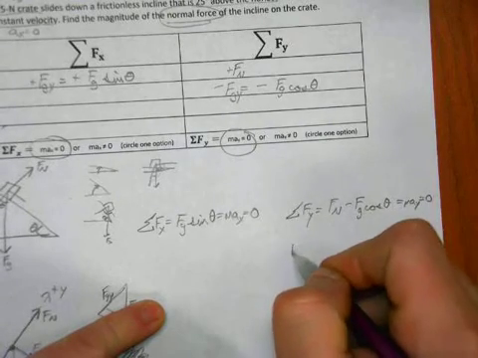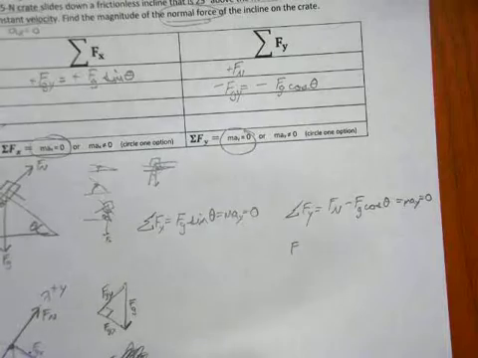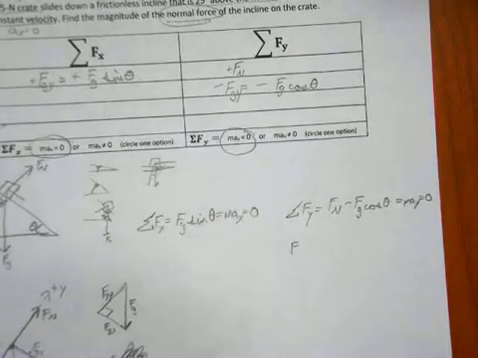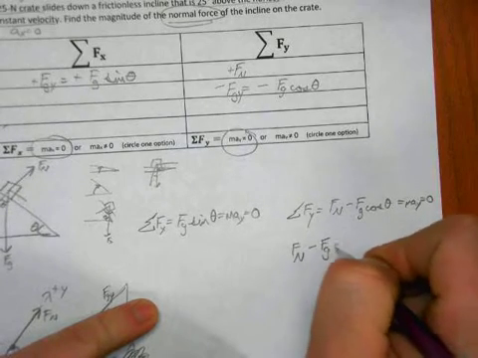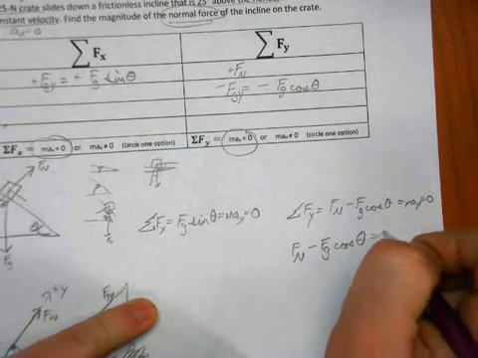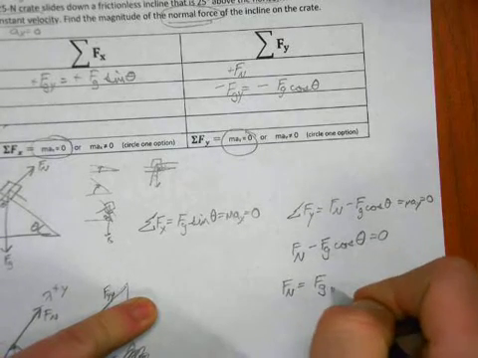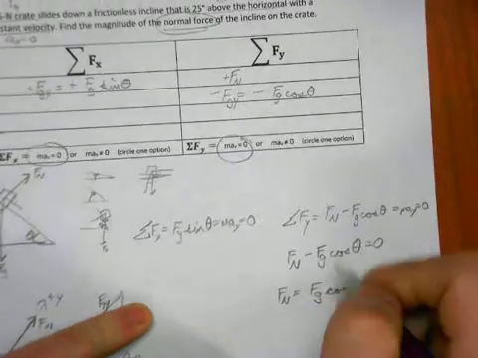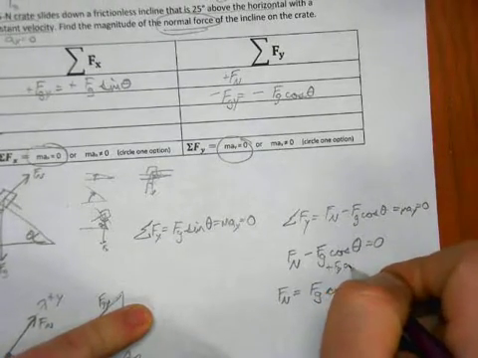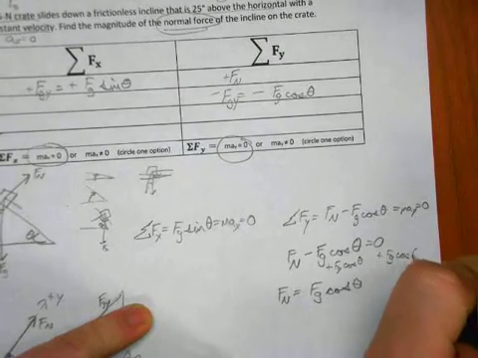We had no direction in which we were going in this problem, we were just following protocol. But now the solution has presented itself, right? Setting it to 0, we are solving for Fn. Fn just equals Fg cosine of theta. All I did was add Fg cosine of theta to each side of the equation here.